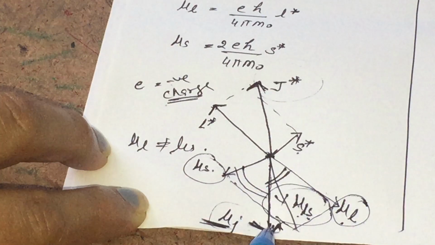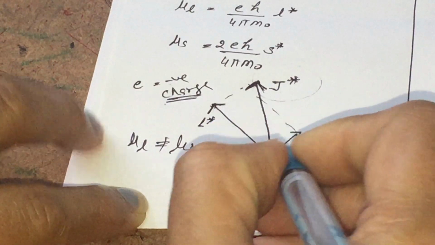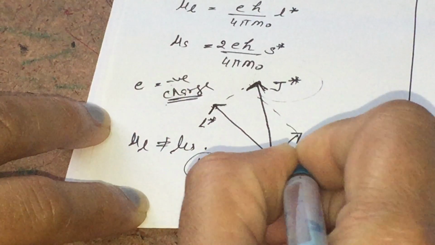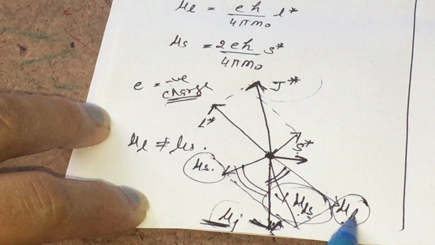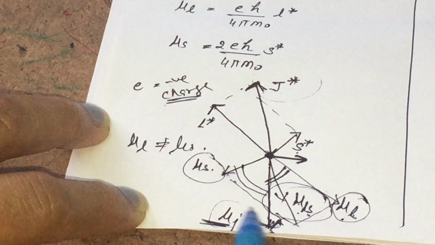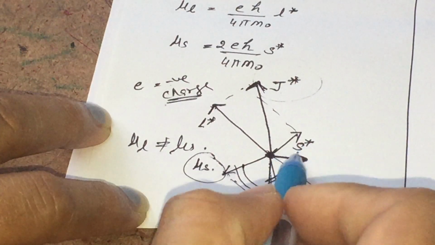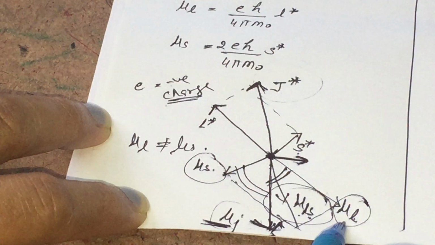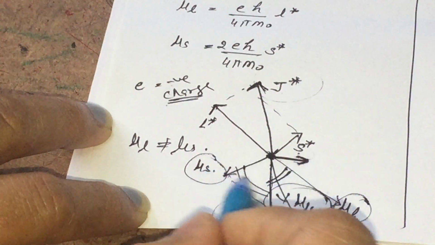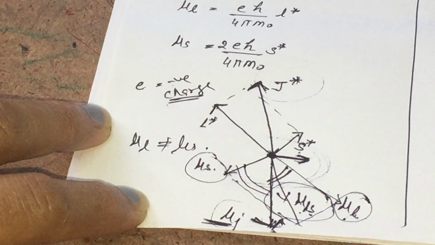If these are the horizontal components of mu_L and mu_S, this is the vertical component of mu_L, and as mu_L is rotating around the total angular momentum, this vertical component of mu_L has different values in an atom.